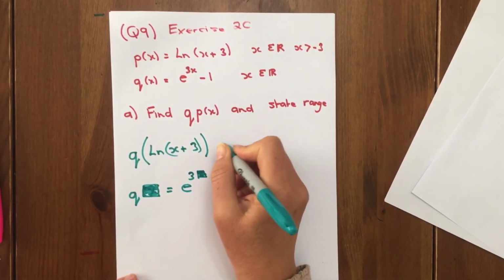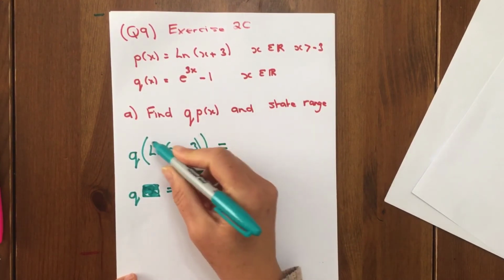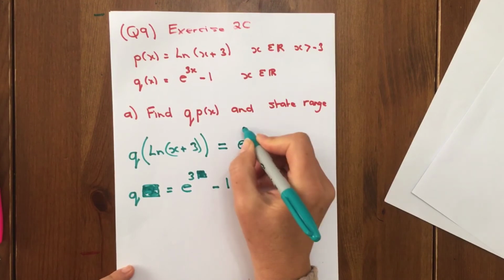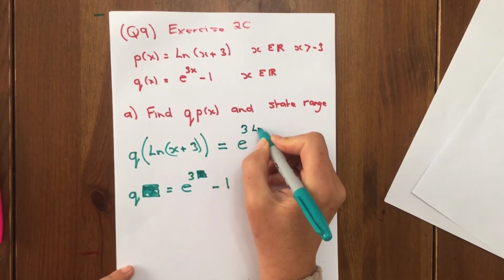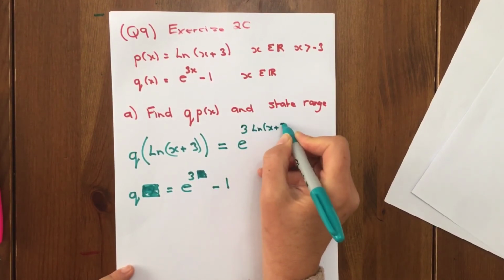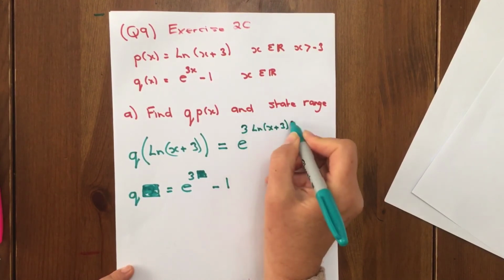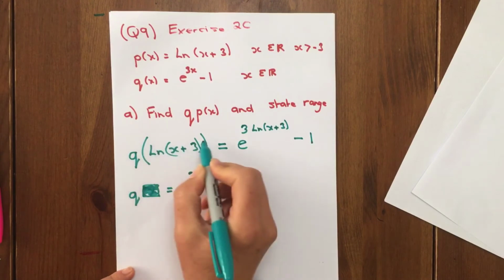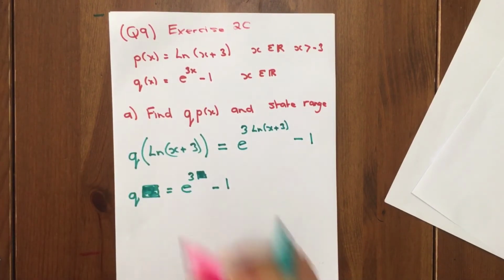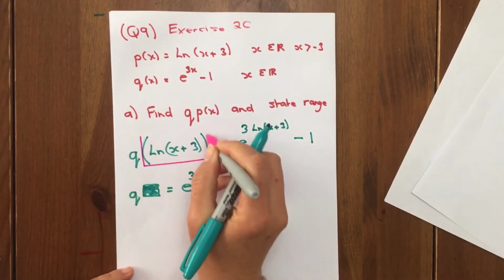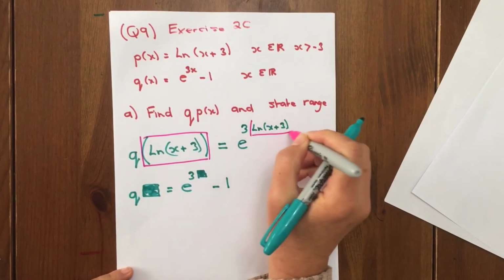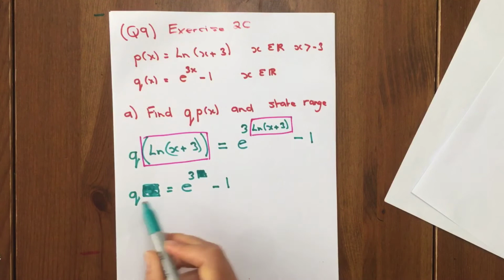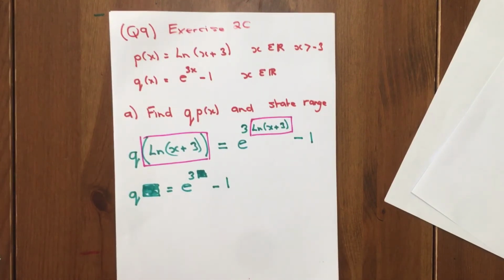So this time my box is ln of x plus 3. So I'm doing e to the 3 ln of x plus 3, my box, minus 1. I'm just replacing what's in here as my box, comparing it with this layout here.